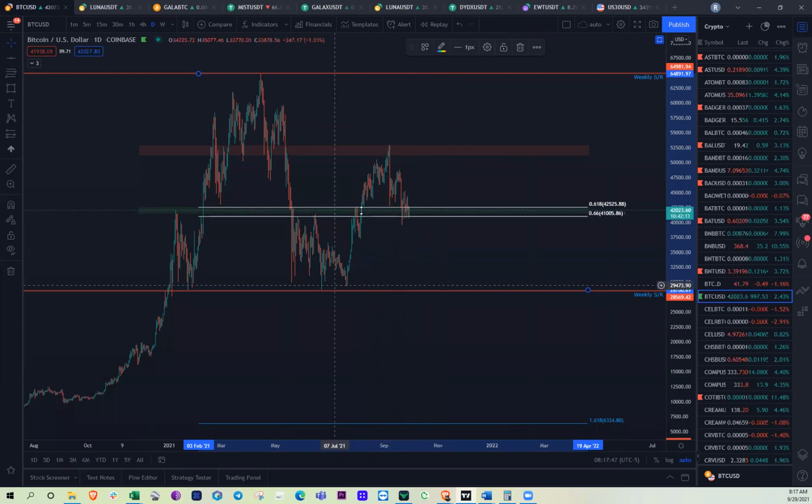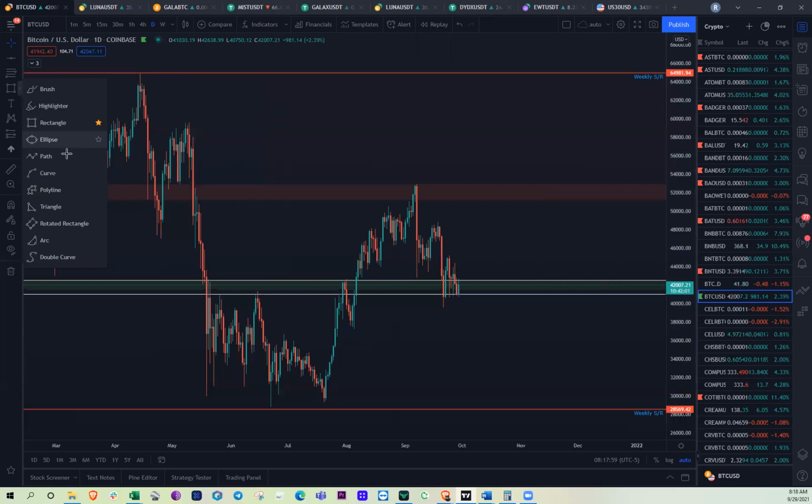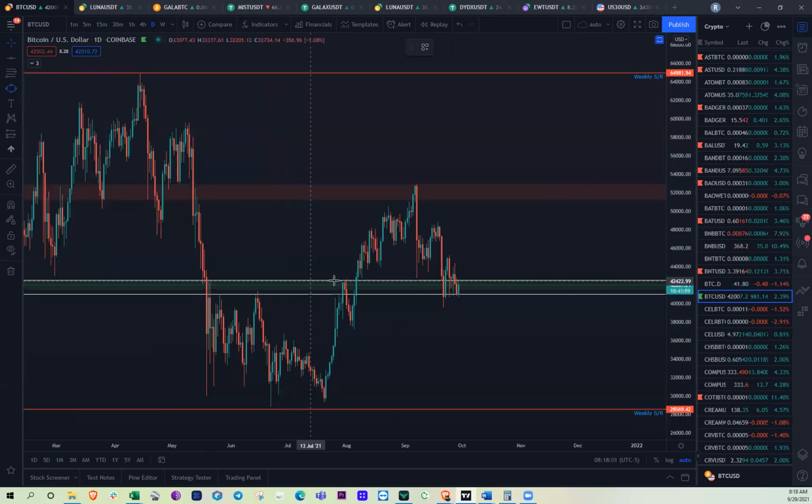Whenever you have these resistances, it's good to see that. If I zoom in, you can see price shot up here and got rejected one time. So that's a good indicator that this level is valid.